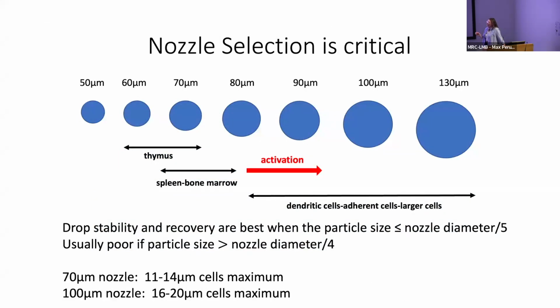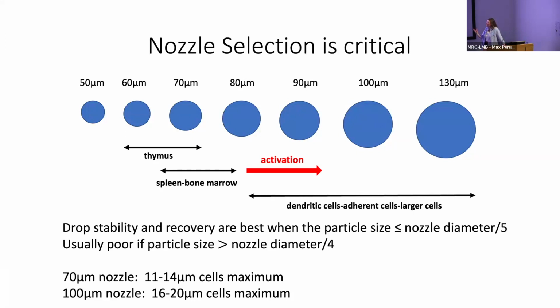So nozzle selection is really critical vis-a-vis the cell type or sample types that you're bringing. Typically, there's a good ratio to go by, and that is typically if the particle size is greater than the nozzle diameter divided by 4, then you're going to have some perturbations.